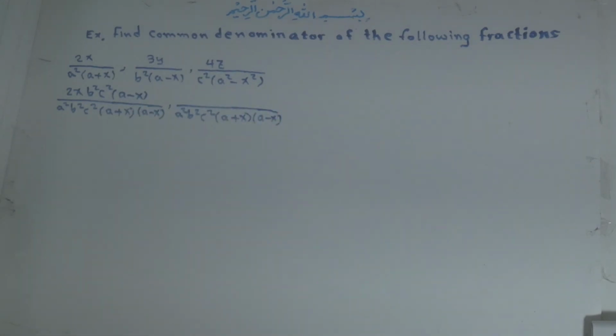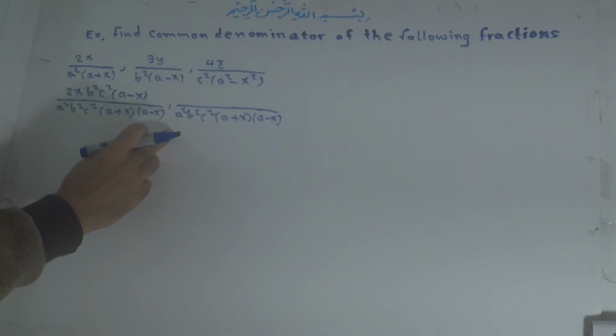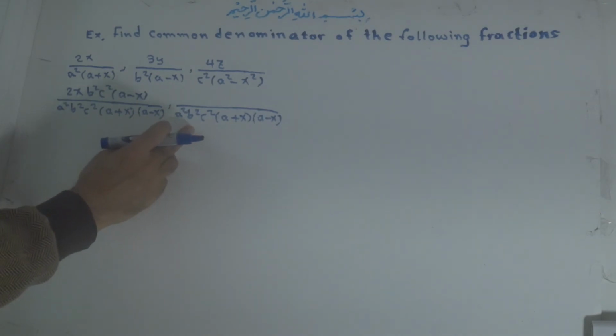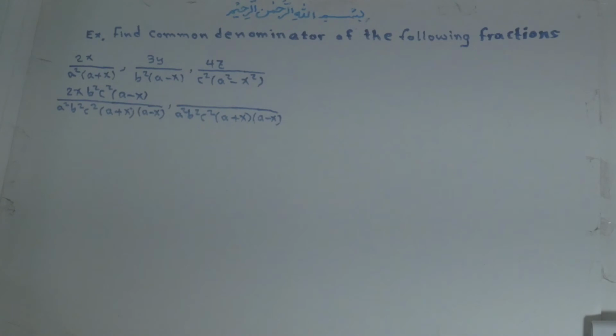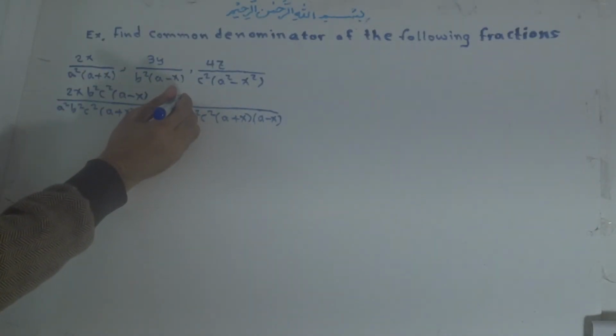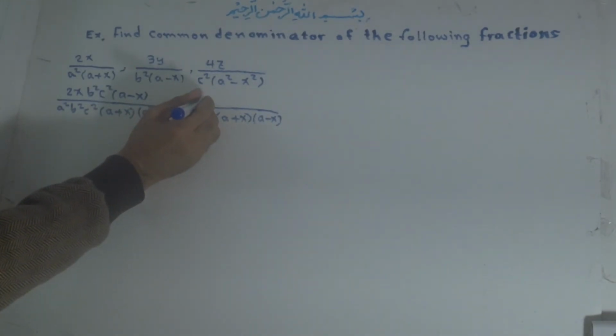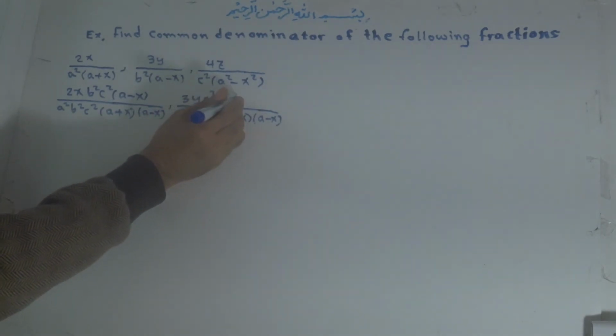Now this one we divide by this: b to the power of 2 cancels with b to the power of 2, and a minus x cancels with a minus x. What remains is a to the power of 2, c to the power of 2 and a plus x. Now we can write here the numerator, that is 3y times a to the power of 2 c to the power of 2 a plus x.